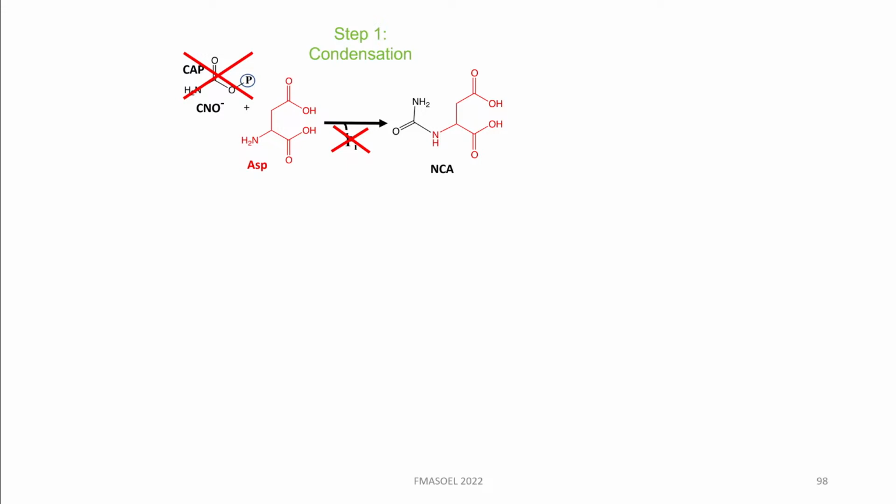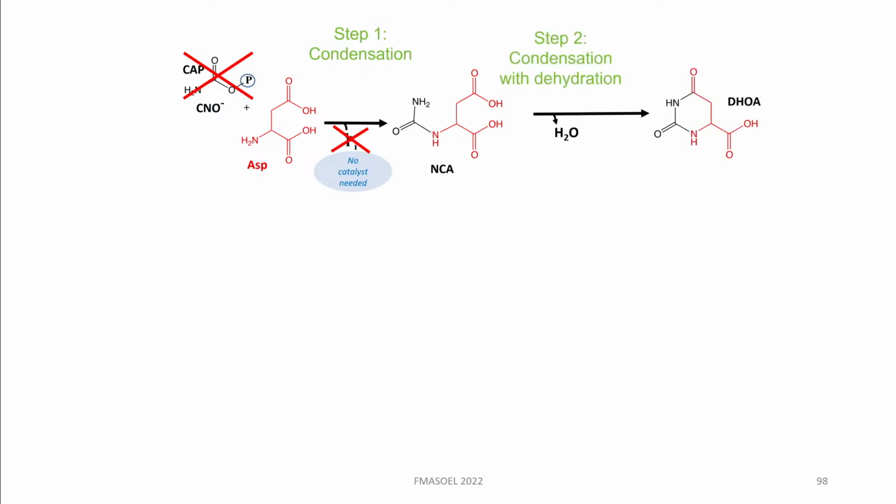It had to be substituted with CNO minus, cyanate, which is indeed a likely prebiotic precursor. Condensing it with aspartic acid to give NCA is not so difficult, actually. This one is thermodynamically favored. It doesn't even need a catalyst.